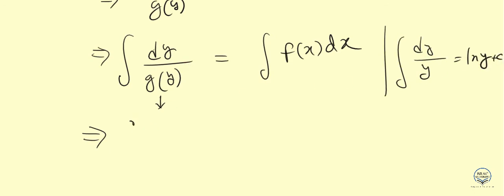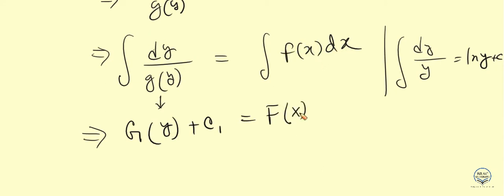So let's call whatever comes from integrating 1 upon g of y capital G of y, and let's call our arbitrary constant c1. And on the right hand side we integrate f of x dx, and let's say this gives us some function capital F of x, and here is another constant, let's say c2, right?